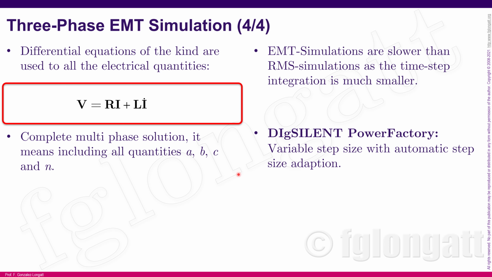And in this case, DIgSILENT PowerFactory also includes what we call variable step size with automatic step size adaptation, okay? What does it mean? Well, it's something very simple to explain, very hard to see from the mathematical point of view. Typically, we explain in classes for power system analysis that when we integrate the differential equation, we use a time step.